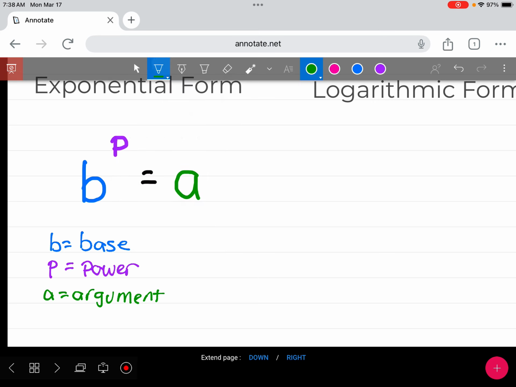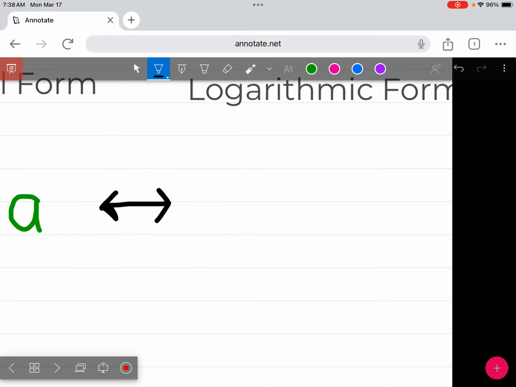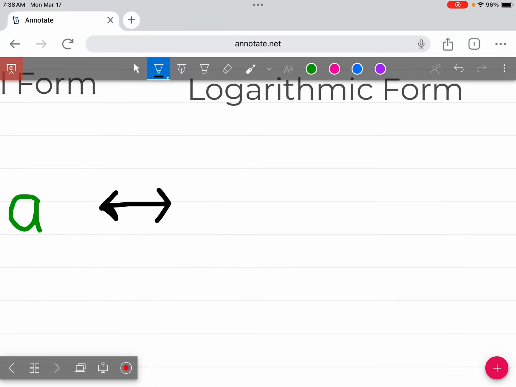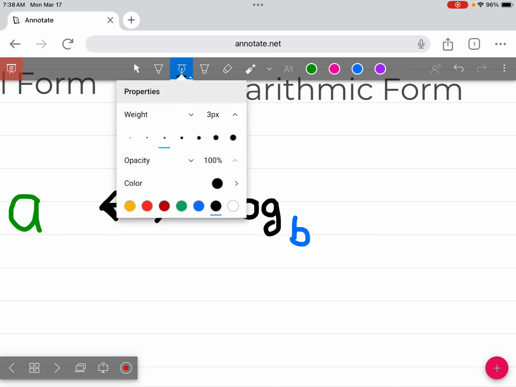And we're going to be able to switch it to something called its logarithmic form. So these two things are equivalent, they're just going to look different. And the way we can write it is, logarithmic form is going to be log, that's going to have a base of b, it is small, it is below. If I wrote these on lines, it would have made way more sense.